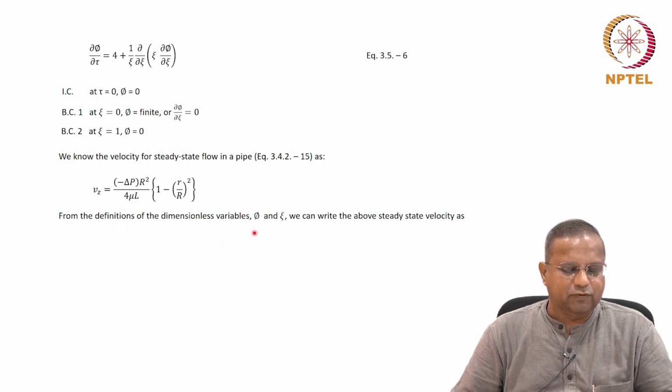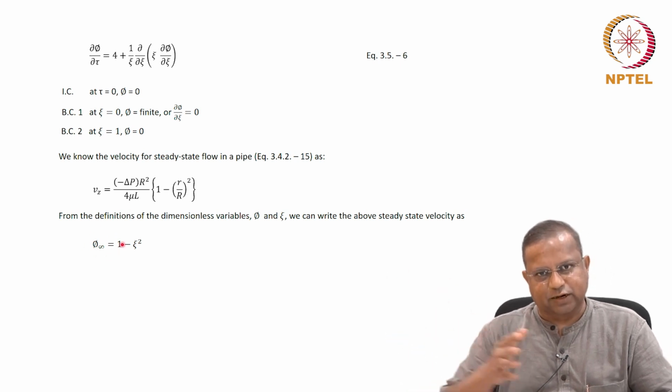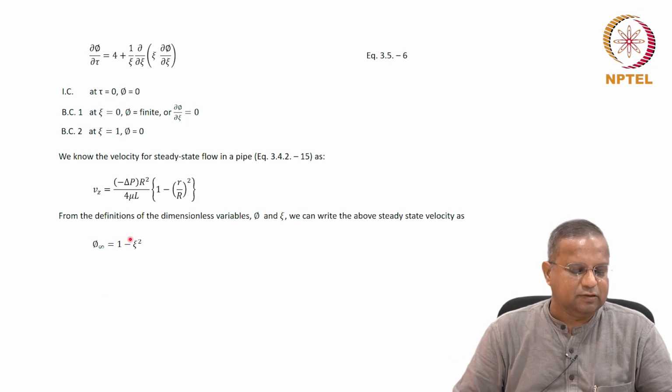So from the definitions of dimensionless variables phi and xi, we can write the above steady state velocity as phi infinity equals 1 minus xi squared. Okay. This is the value of phi at infinite time for the purposes of this situation.